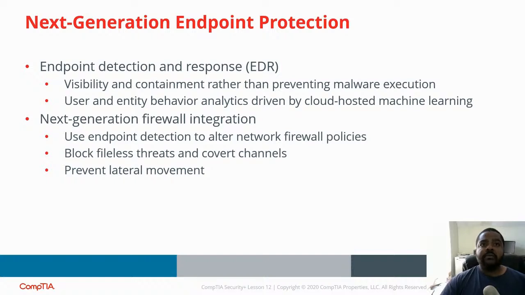So whenever our SOC, our security operations center, contacts us and says, hey, PC 123 is actually showing signs of this, that, and the third, we can use our EDR system to isolate it, basically put it in its own silo within the network.